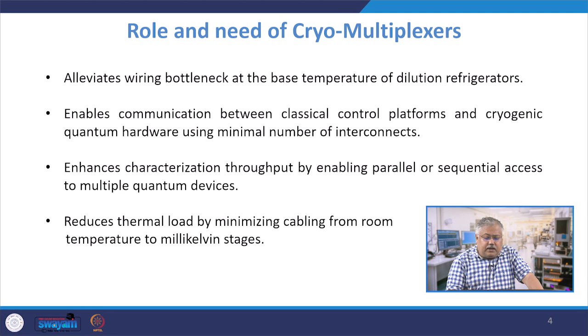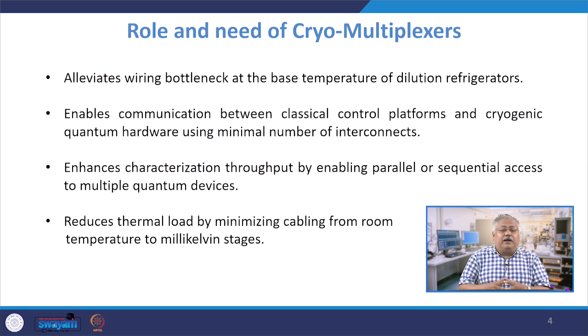Now, let us look at the role and needs. As I discussed in some of my initial lectures, the dilution refrigerator is quite complex and complicated, and you do not want the wiring going from the qubits working at millikelvin temperature, then to 4 Kelvin electronics and then to the external interconnects to be too large. So, you need to reduce that wiring bottleneck.